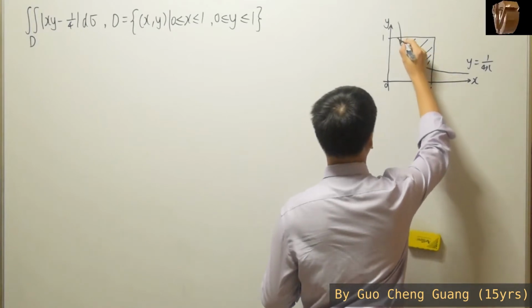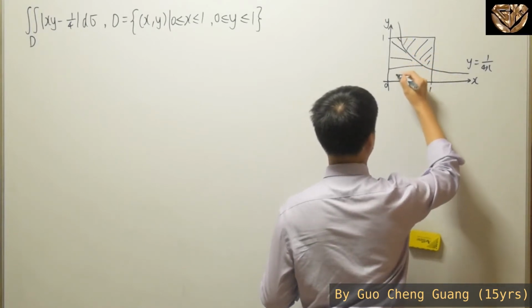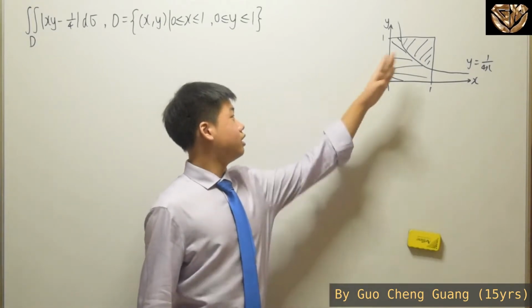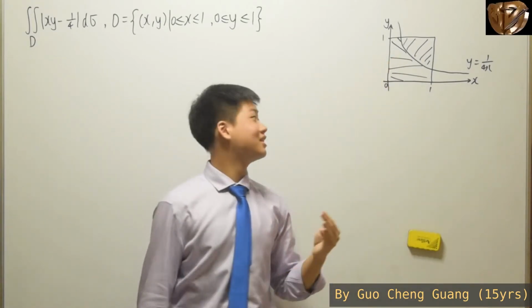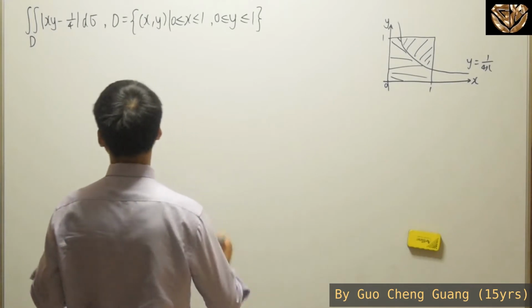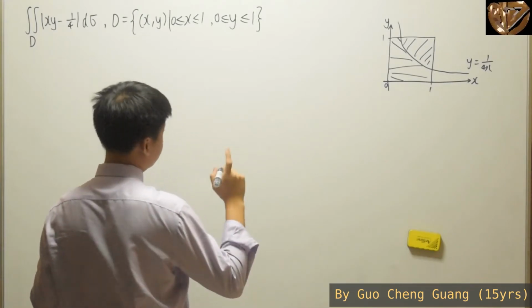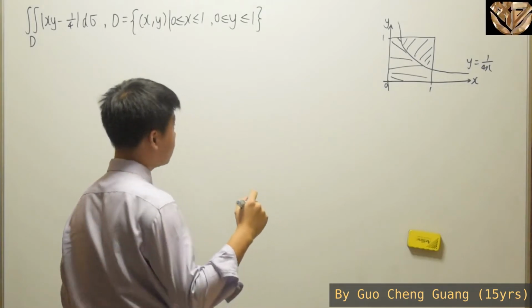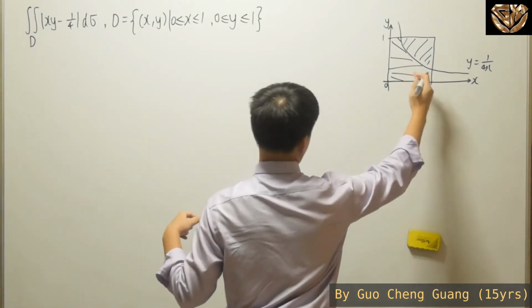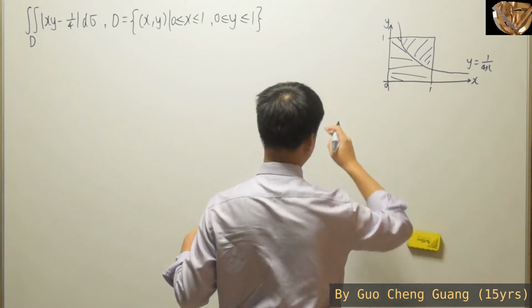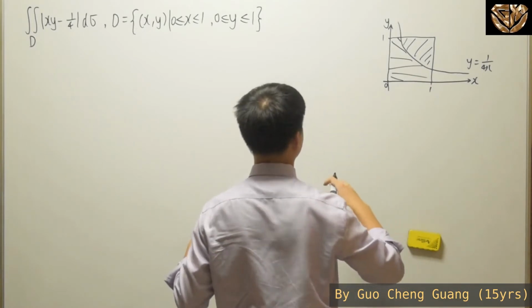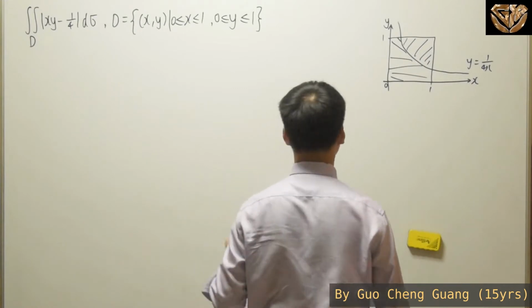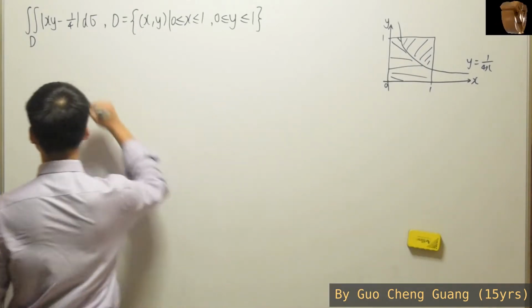One here and one here. Okay? So these are the two different regions we will look at. So which one is positive? Which one is negative? Now, this region to the left side of the graph will be negative. The region to the right side would be positive. Right. It sounds simple, right?